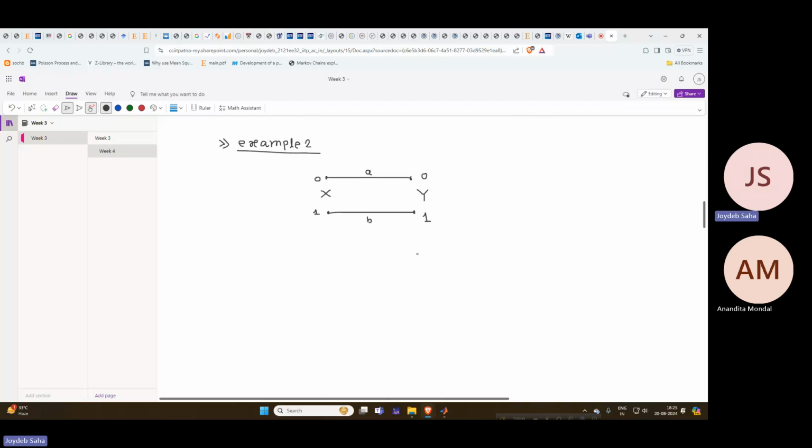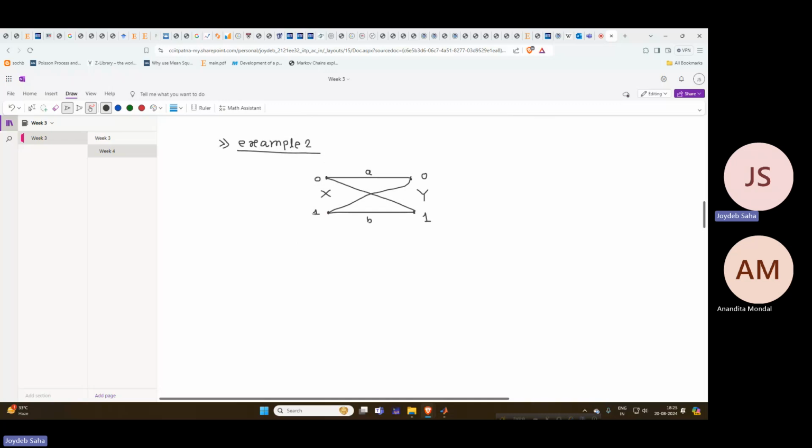But there is some noise in the communication channel. So if input is 0, due to some noise it may become 1, and if input is 1, due to some noise it may become 0. This is X, this is Y. X is the input, Y is the output.